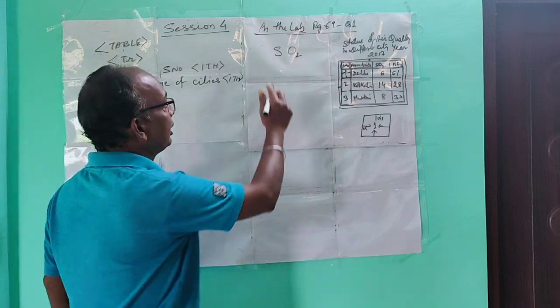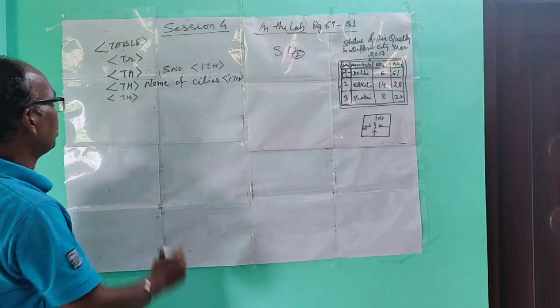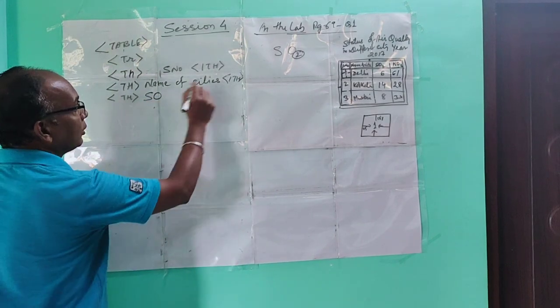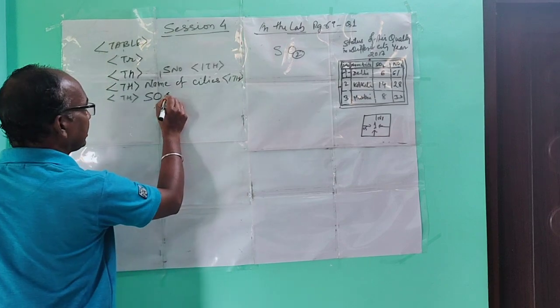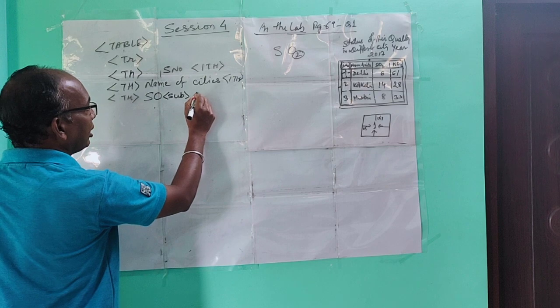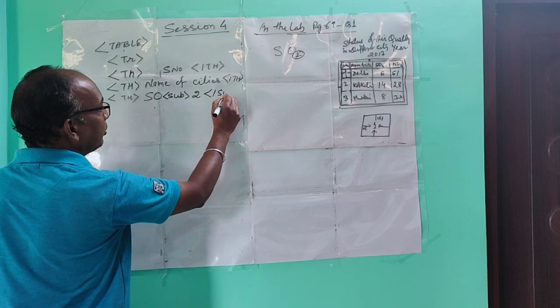To create the subscript, the tag is different. I will use the subscript here for SO2. At first you write the SO, then for subscript the tag is SUB, then write the value, then close of sub.